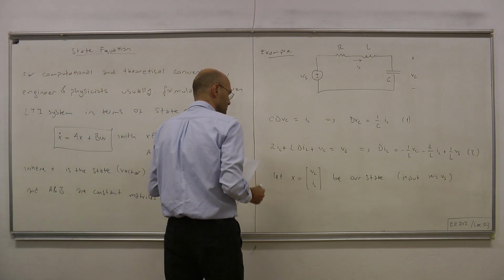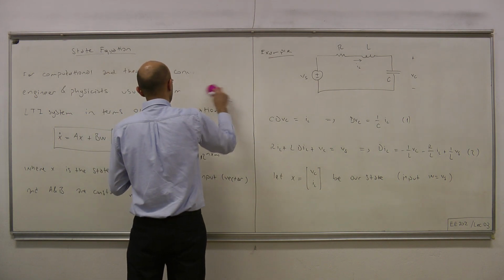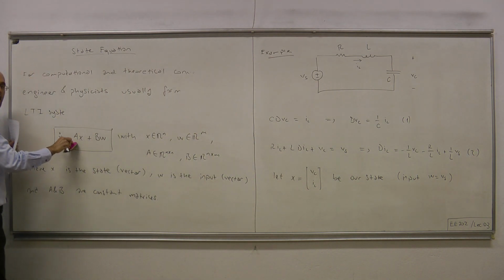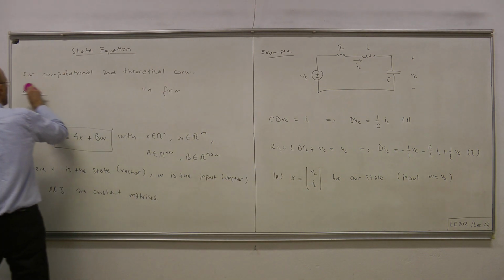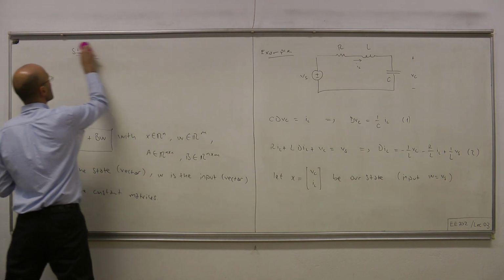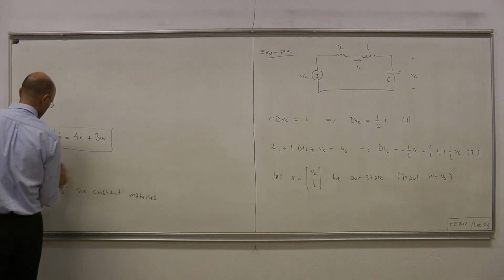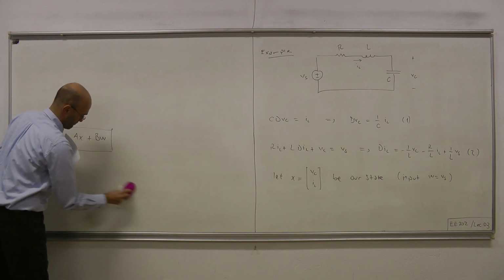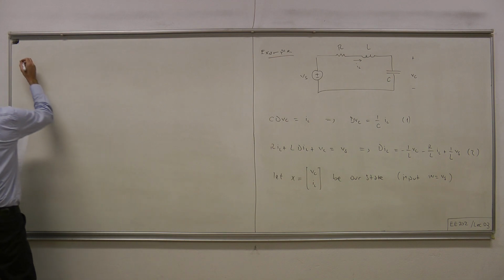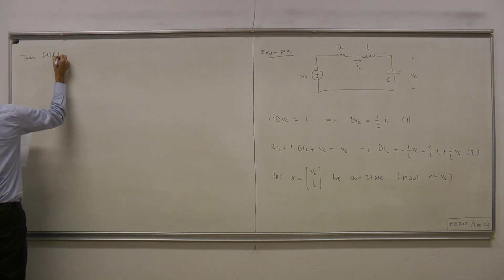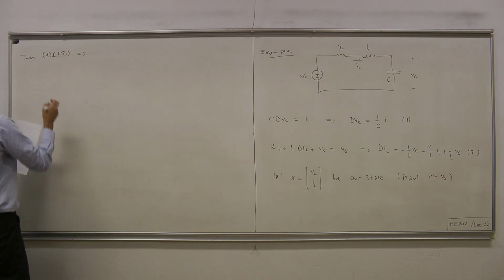Okay. Then, combining 1 and 2, we can obtain our state equation, having chosen the state as VC, IL. Then equations 1 and 2 imply the following state equation.